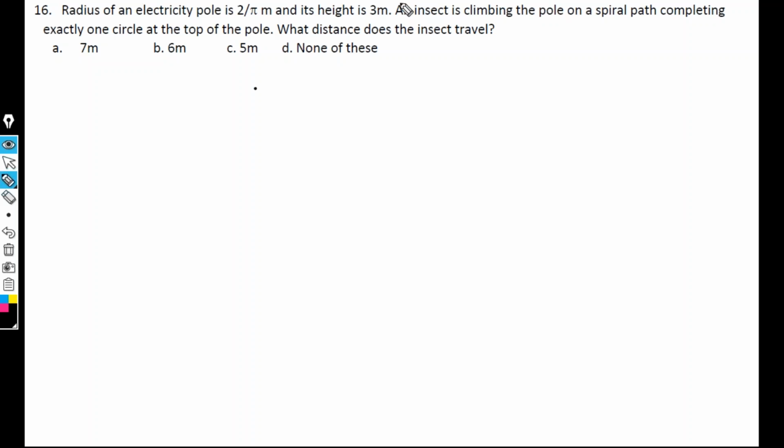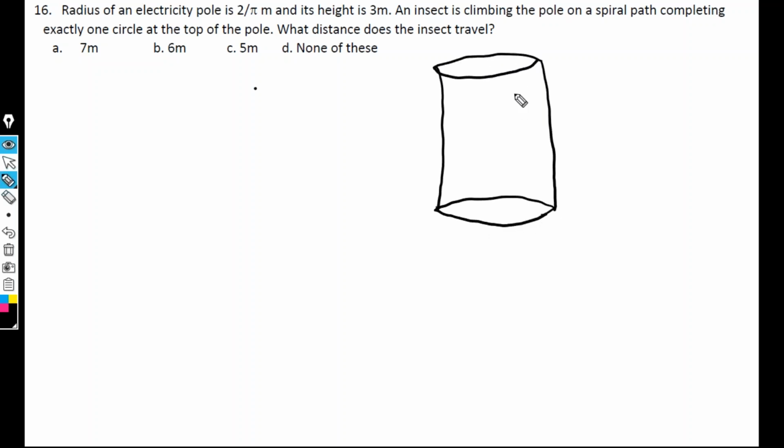Okay, guys, have a look. I think the majority of the students maybe are not in a position to understand it or do not know a few formulas. Okay, wait, everyone. So let's say here is a pole, something like this.